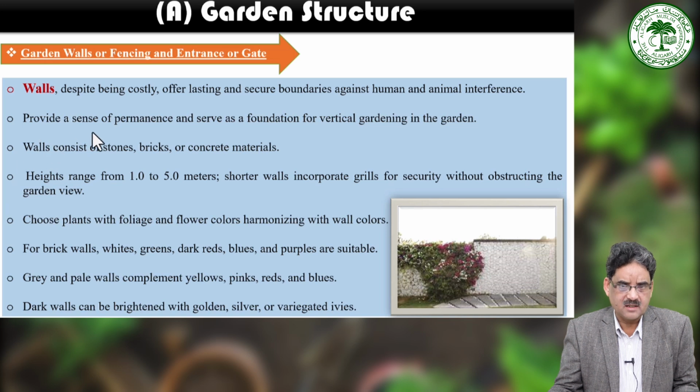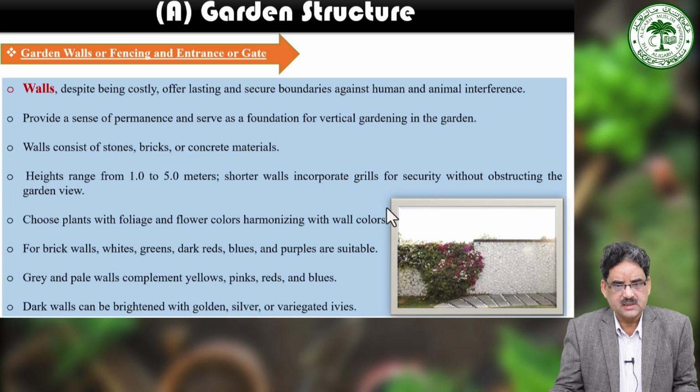The walls are made up of stones, bricks or concrete. They may be 1 to 5 meters in height, but the low ones are to be fixed with some grills so that the garden becomes secured but not obscured from outside.